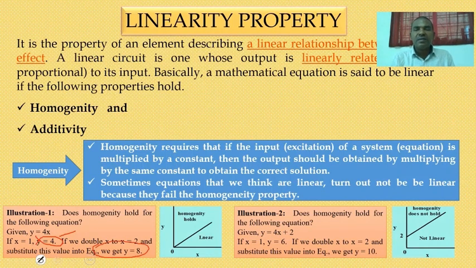That means x is doubled, y is also doubled. Initially x is equal to 1, y is equal to 4; x is equal to 2, y is equal to 8. So it is doubling, then it obeys the linear homogeneity property. This is a graph which obeys the homogeneity property.